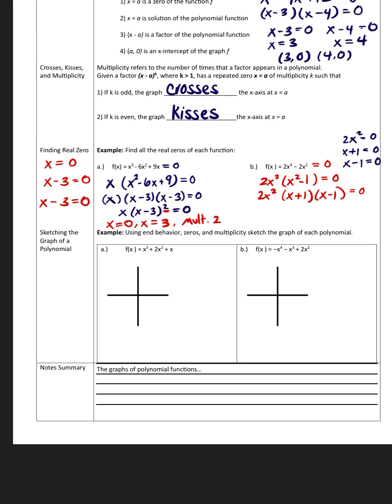So again, here's my k, that x squared. So I'm going to have x equals 0 with a multiplicity of 2. I'm also going to have x equals negative 1, and x equals positive 1.